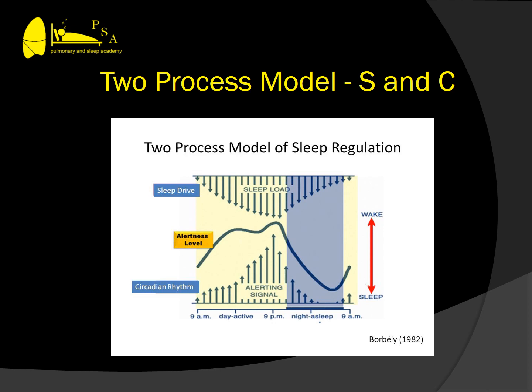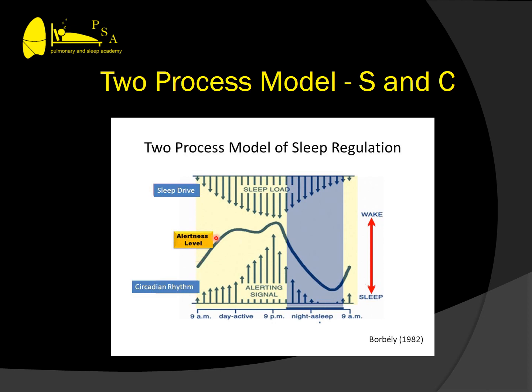So the circadian alerting signal is one where we have more and more alerting process regulated by our biologic clock and the suprachiasmatic nucleus. The opposing force is process S, or the sleep drive, which is basically going to change based upon how much sleep we've had and how much sleep debt we have.